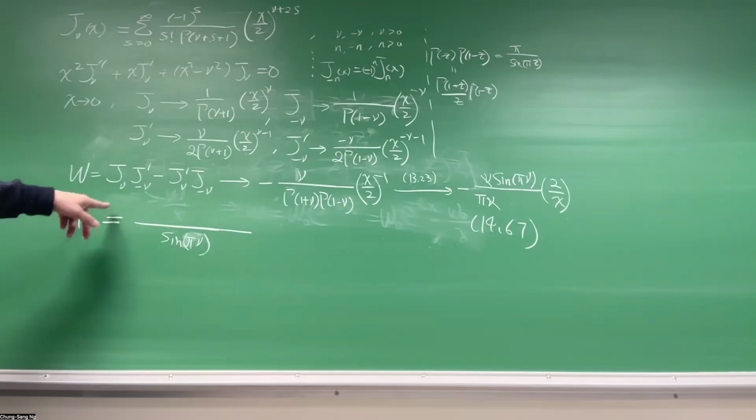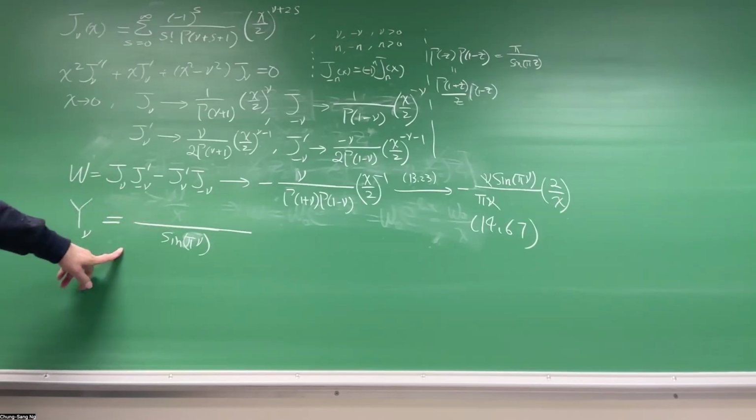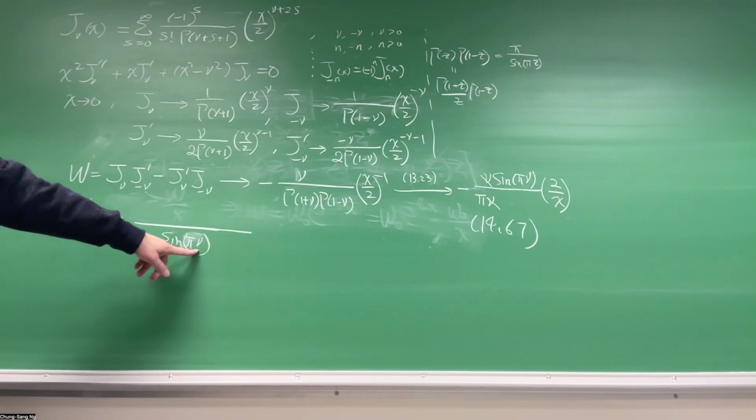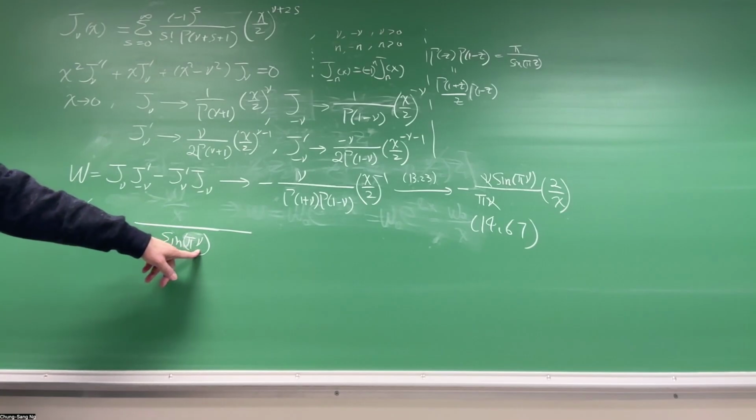It must be a combination of J nu and J minus nu, and we also wanted it to be regular, even in the limit of nu goes to integer.